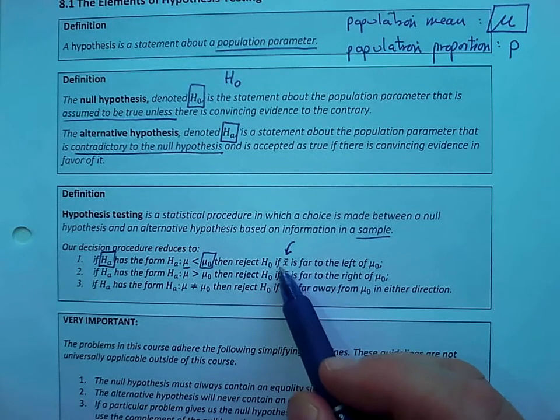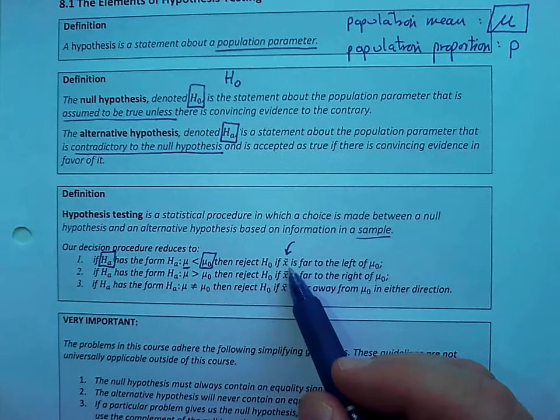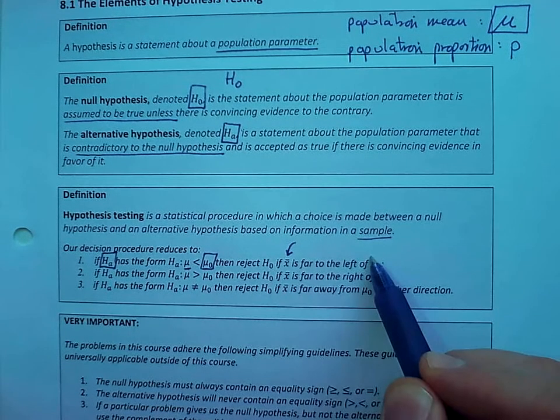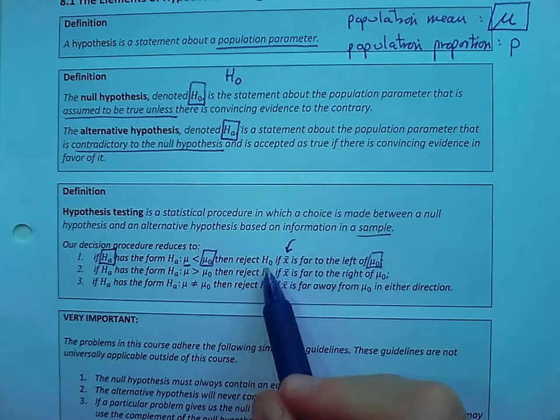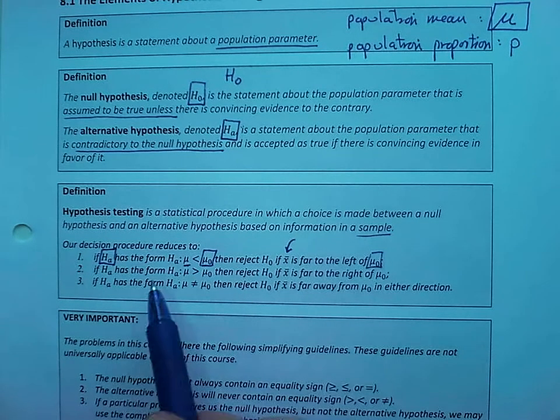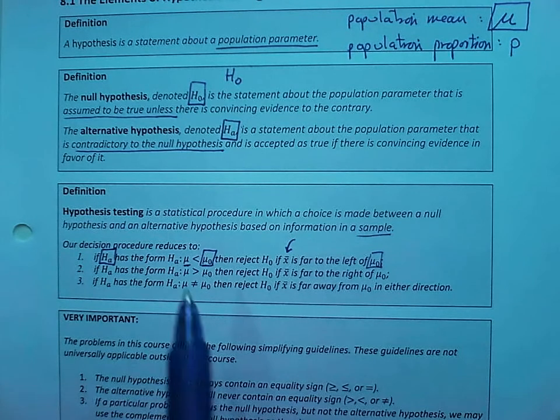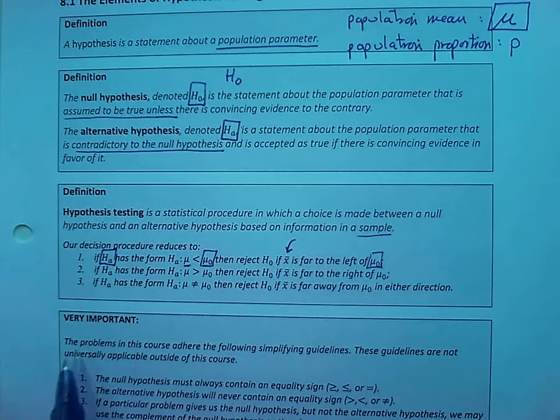But if our sample mean is far to the left of the value that we're using for our hypothesis, then we're going to reject our null hypothesis, if our alternative hypothesis is written in such a way that mu is less than mu naught.